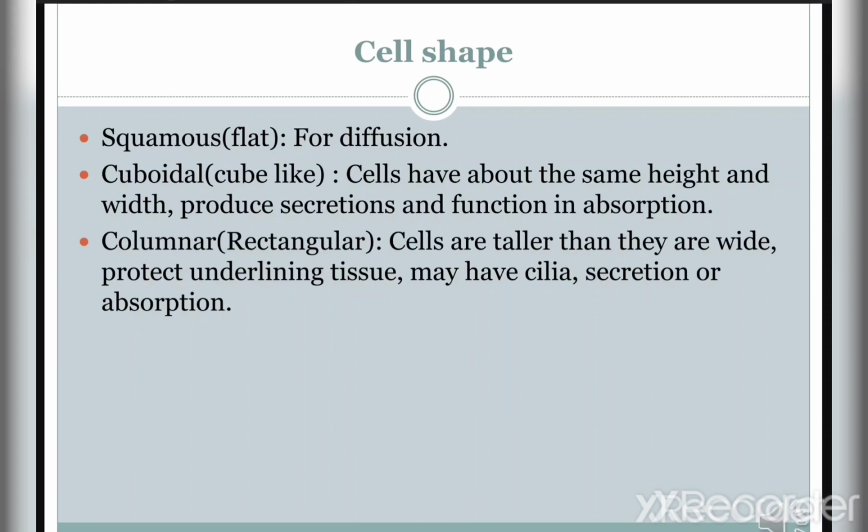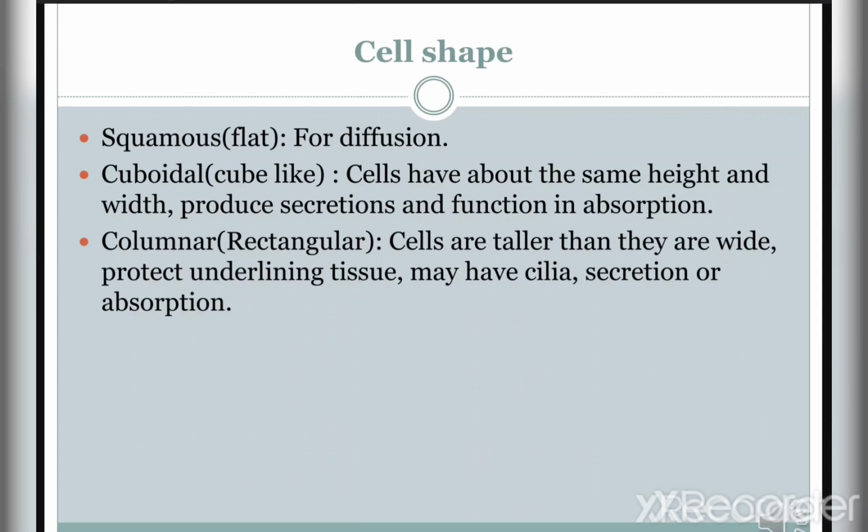The columnar or rectangular ones usually have cilia, as we mentioned, for the movement of trapped or foreign material, for example in the respiratory tract, or for secretion and absorption as in the lining of the intestine, the GI tract, which is done by the columnar epithelium.